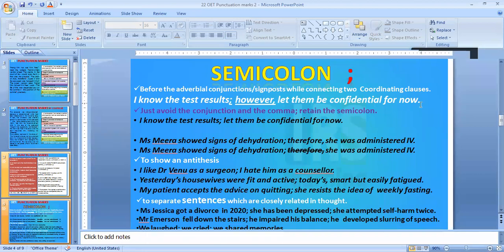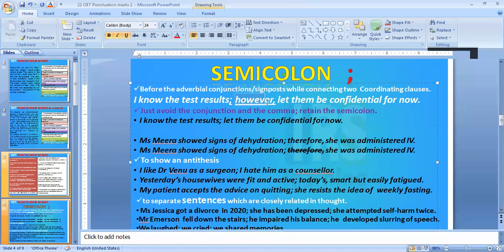Let them be confidential for now is also independent. Two independent clauses are called coordinating clauses. But they are related to each other. And so you use a signpost here, however. So before the signpost, before the adverbial conjunction, same as signpost or connector, you see this one, semicolon. So that is the rule.